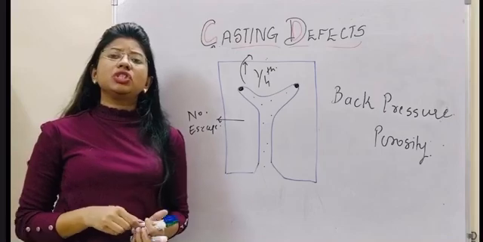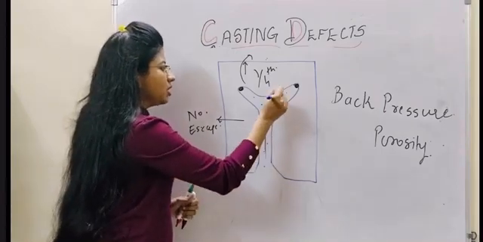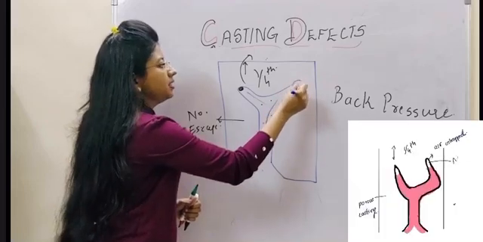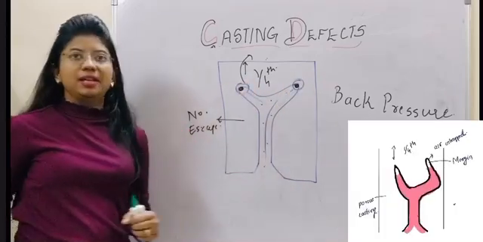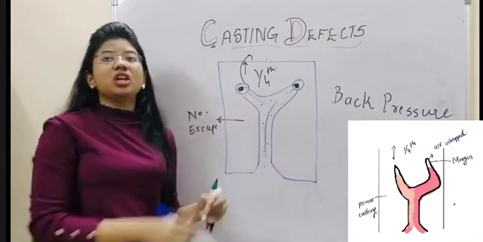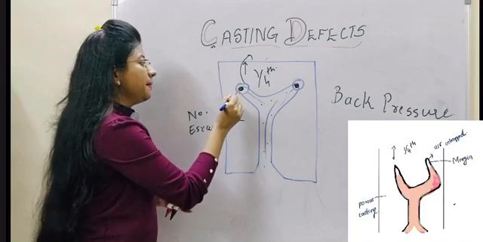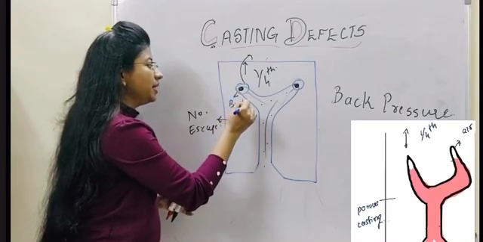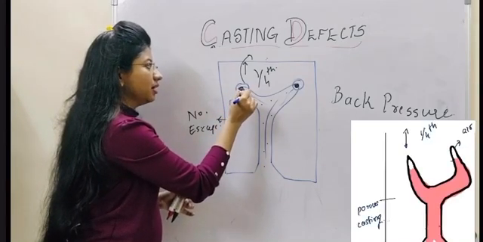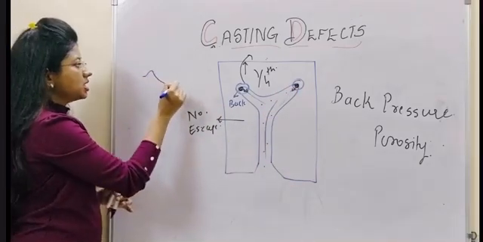So when there is solidification, what will happen? The whole area will get solidified except the trapped air, and that trapped air will create pressure on the alloy. That is, it will create back pressure from this area, and you will get a casting something like this.